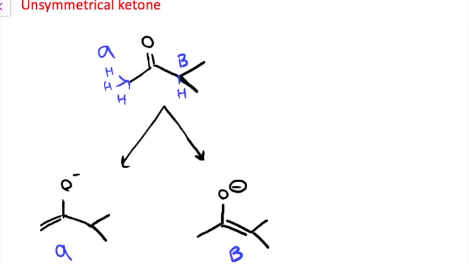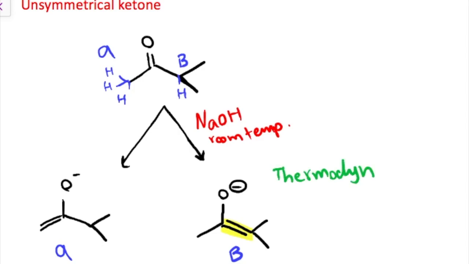I'm going to get enolate B, and the reason is that, as you can see, the double bond has more substituents, and we know that the more substituents around the double bond, the more stable it is. So this is the more stable product, and that's why we call this the thermodynamic product, because it's the more stable one.